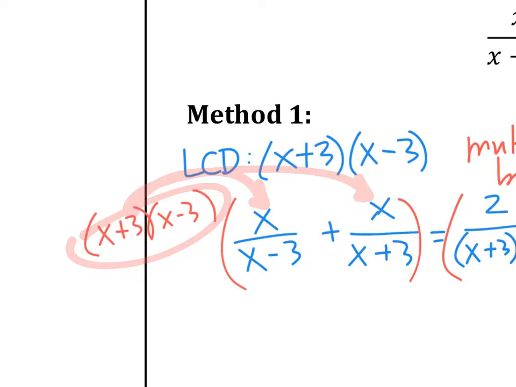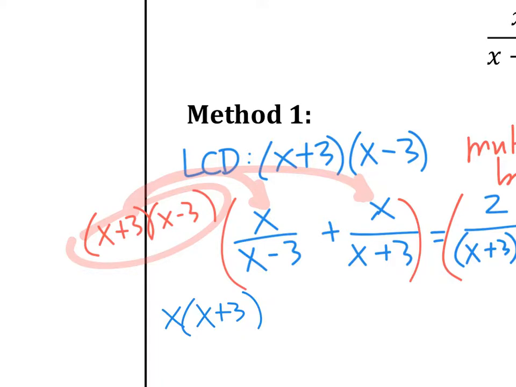I mean, you could write everything out and then cancel it and all that stuff, but just to save you time, mentally cancel this. When you multiply these two factors to this term, the x minus 3 cancels, and then you're left with x and x plus 3. Okay, x and x plus 3 is left over. Same thing here.